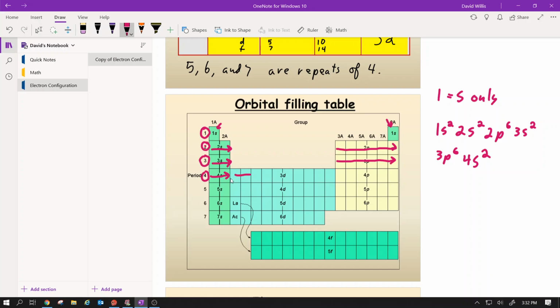After we fill in 4s, then we start filling in 3d. So we fill in 4s around the outside, then we go into 3d and fill it up, and it can hold up to 10. And then we go back out to the fourth level and fill in 4p6.